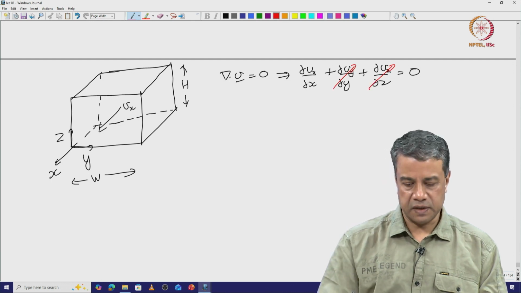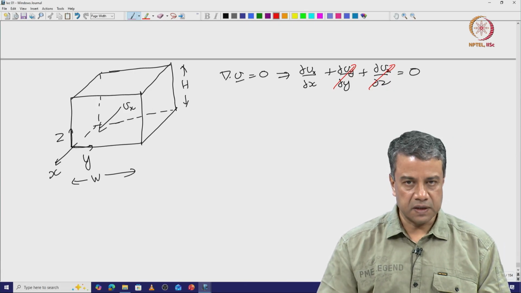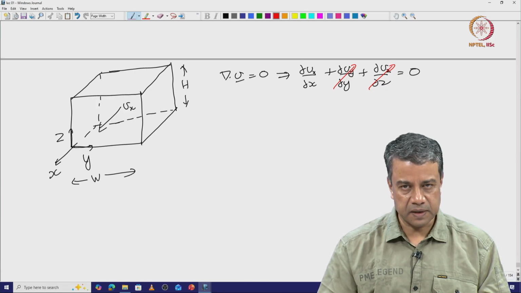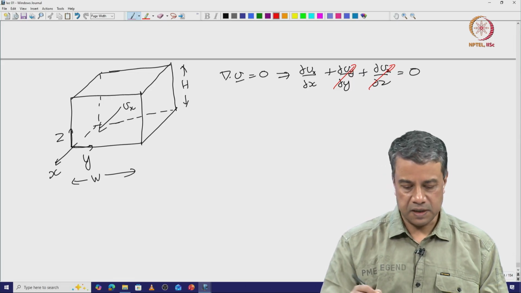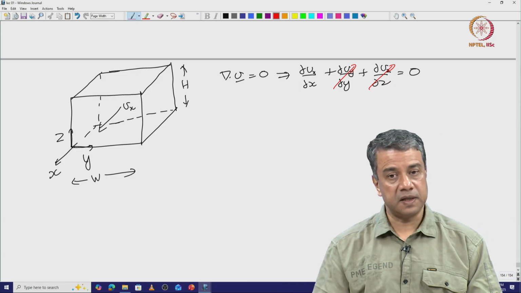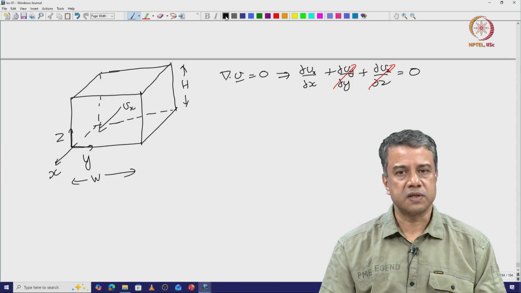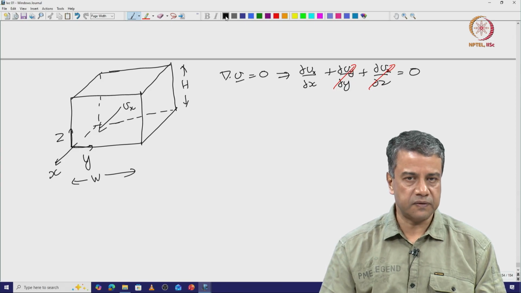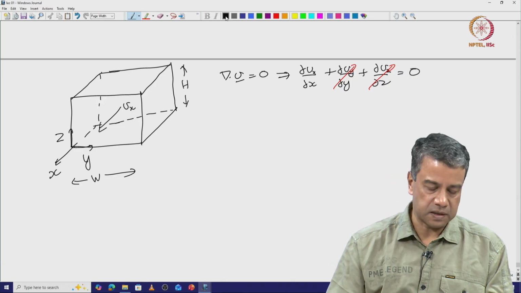So, these two derivatives are 0, because the velocity is 0 in that direction. Further, if the flow is fully developed, then the velocity is independent of x. That is obvious from this equation, dVx by dx has to be equal to 0. So, the mass conservation equation is identically satisfied for a fully developed flow, where the velocity is independent of the x direction.